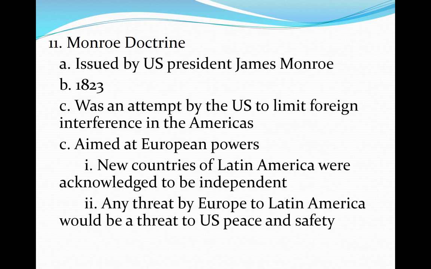The last thing you're going to need to know here has to do with a bit of American history. You're going to have a president in America, a man named James Monroe, who in 1823 issues what is known as the Monroe Doctrine. The whole point of the Monroe Doctrine is basically an attempt by America to limit foreign interference in the Americas, right?